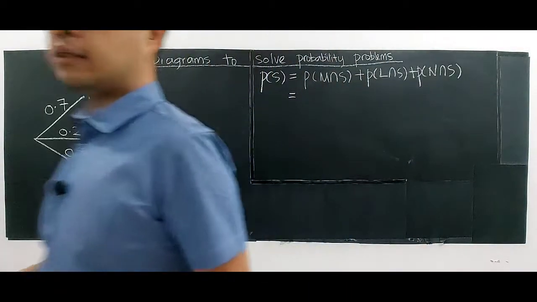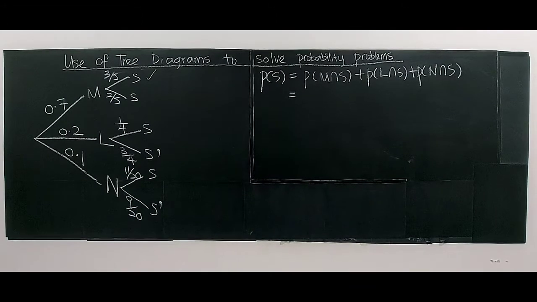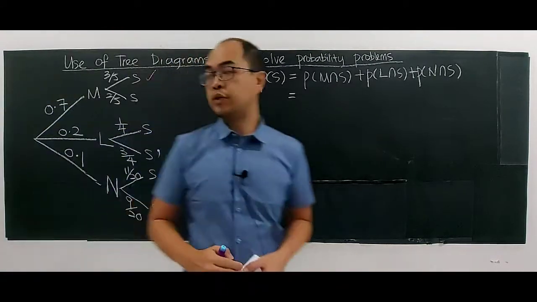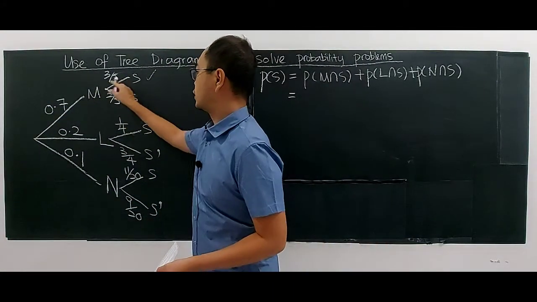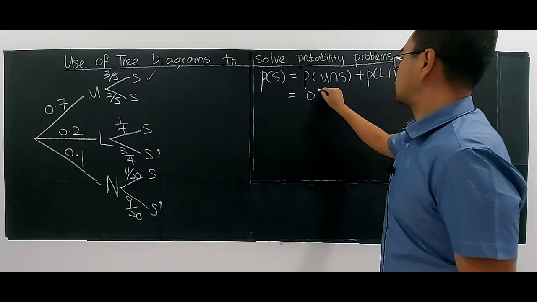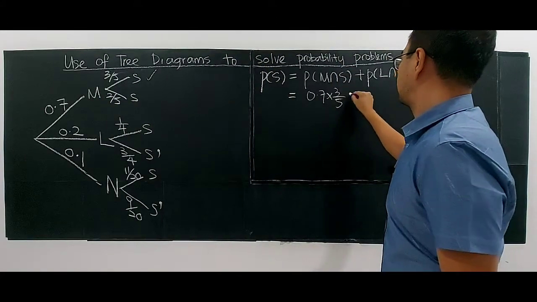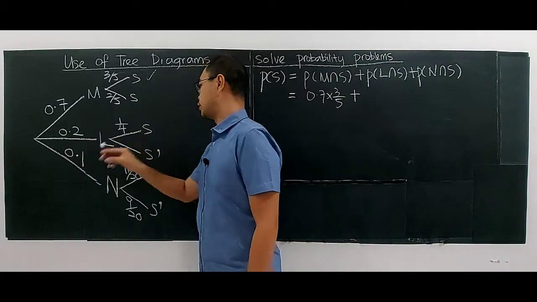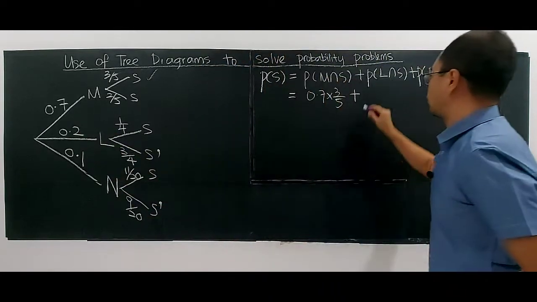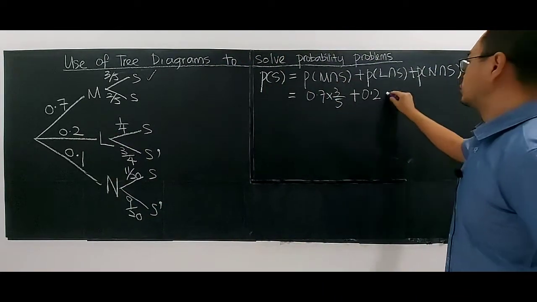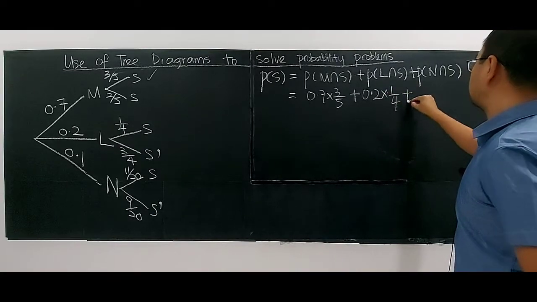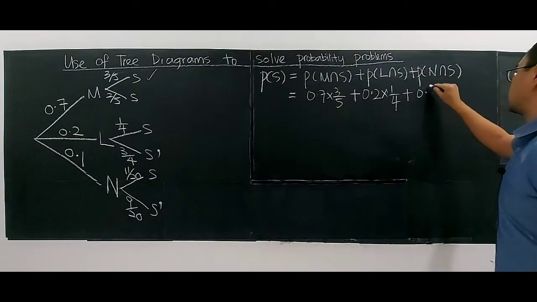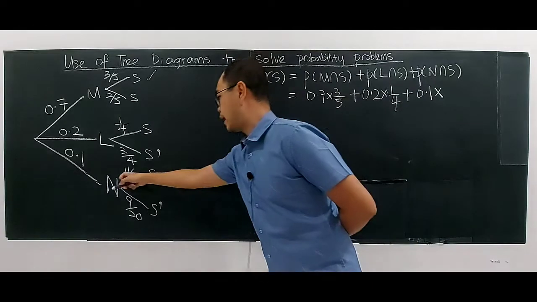So how do we calculate this? A very simple way is using the tree diagram. Milk with sugar: 0.7 multiplied by 3 over 5, or lemon with sugar: 0.2 times 1 over 4, or 0.1 multiplied by 11 over 20.